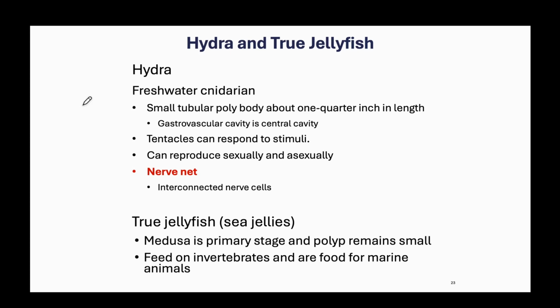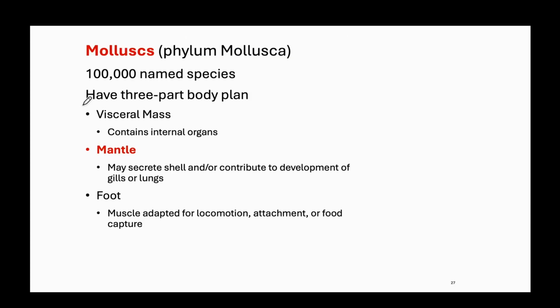Now, the next phylum that we're going to move to is the mollusk or Mollusca phylum. And so there's over 100,000 different named species. Now, here's the first thing we need to note: they have a three-body part plan. The first part is the visceral mass. They have a mantle, and that mantle is what secretes the shell, or it helps contribute to the development of the gills and the lungs.